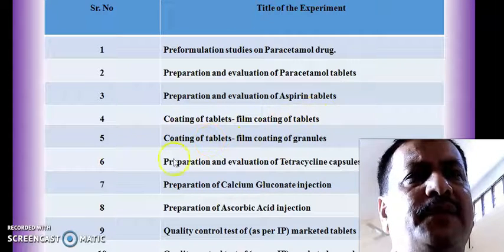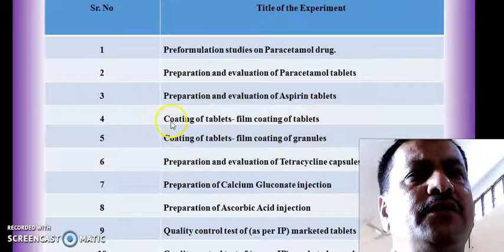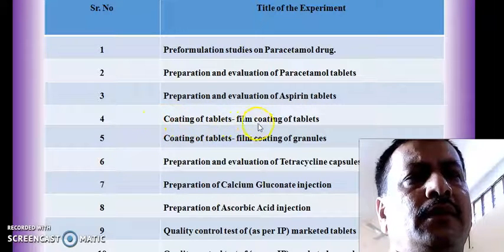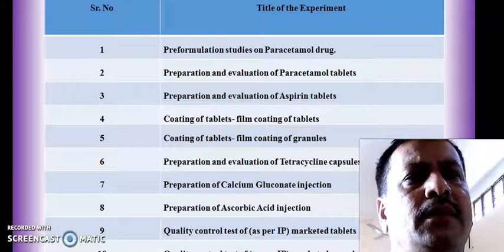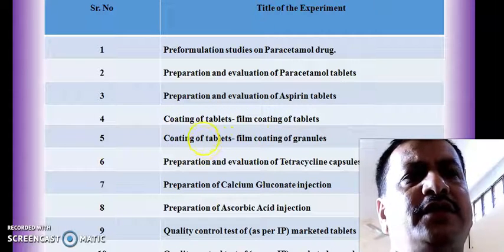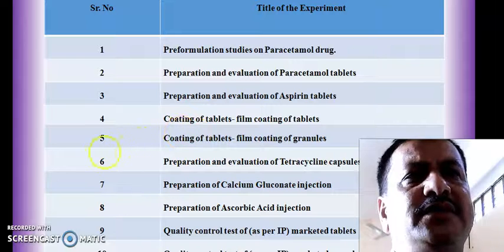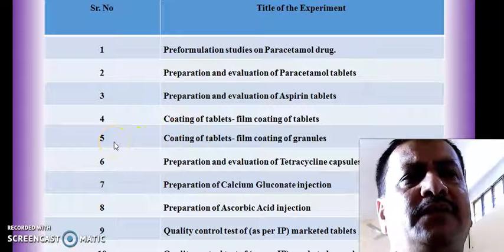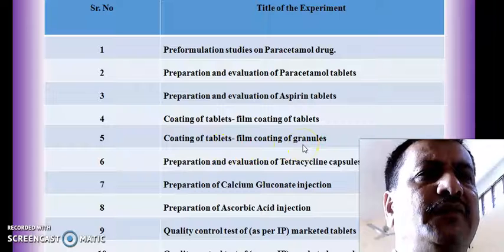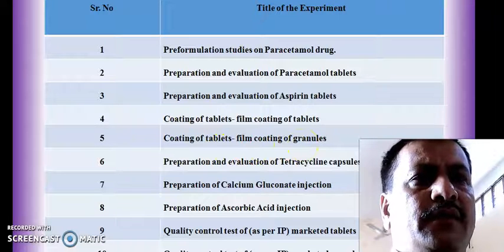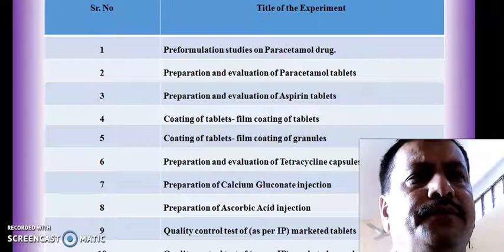Fourth experiment is from coating, in which we are going to coat tablets with the help of film coating by using suitable film coating polymers. In the fifth experiment, we are going to coat granules with the help of film coating.